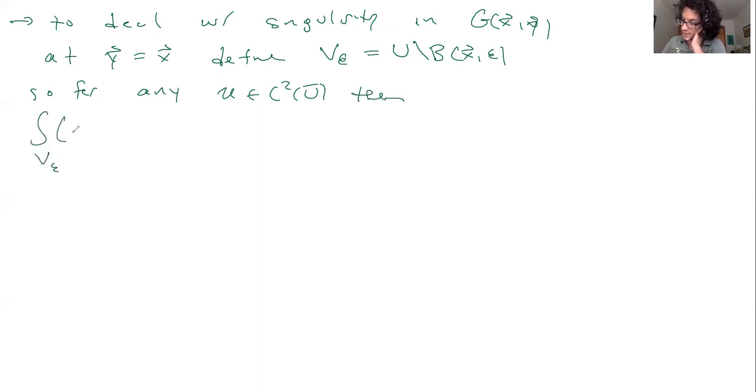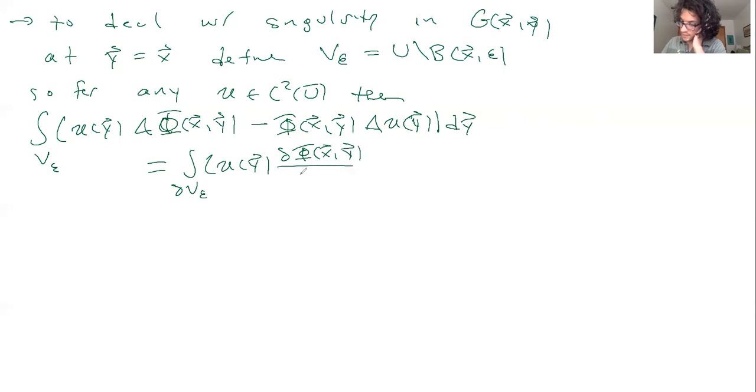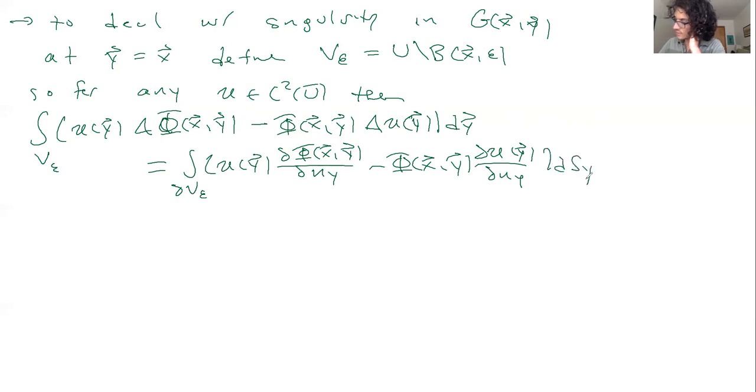The integral over V epsilon of u(y) times the Laplacian of phi(x, y) minus phi(x, y) times the Laplacian of u(y), dy, is equal to the integral over the boundary of V epsilon of u(y) d phi(x, y)/dn_y minus phi(x, y) du(y)/dn_y, dS_y.